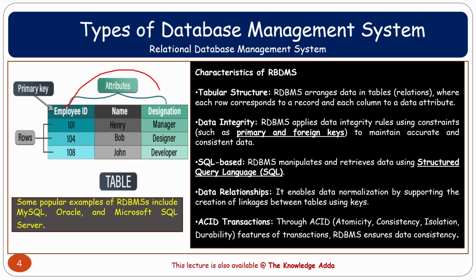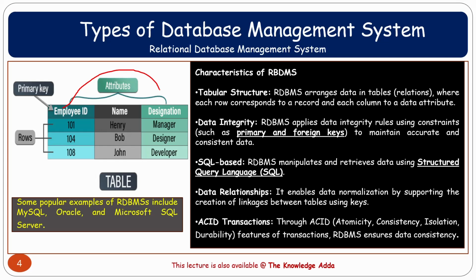When we discuss the characteristics of a relational database management system, the first one is tabular structure. A relational database management system stores data in tabular format, where each row represents a record and each column represents a field. Next is data integrity. A relational database management system applies data integrity rules using constraints like foreign key and primary key to maintain accurate and consistent data.